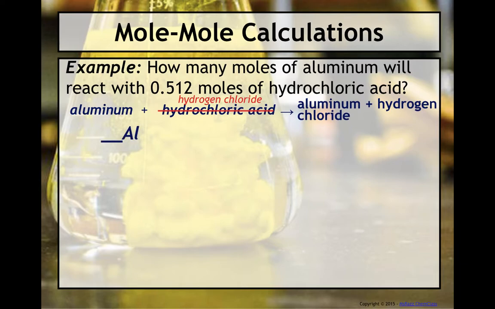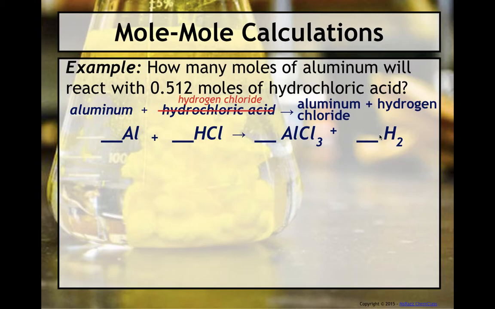So now we need to write it out. So aluminum plus hydrochloric acid, hydrogen chloride. Remember, aluminum has a charge of +3, chlorine has a charge of -1. So to balance out the ionic charges, we're going to need to have 3 chlorines plus diatomic hydrogen.